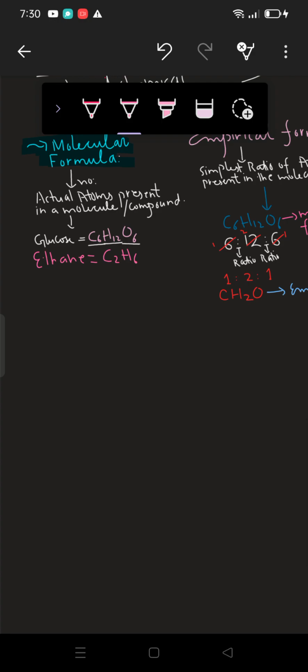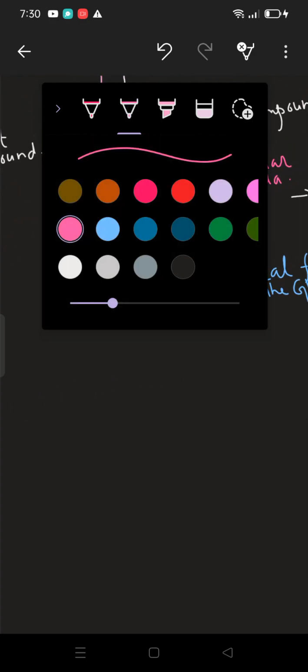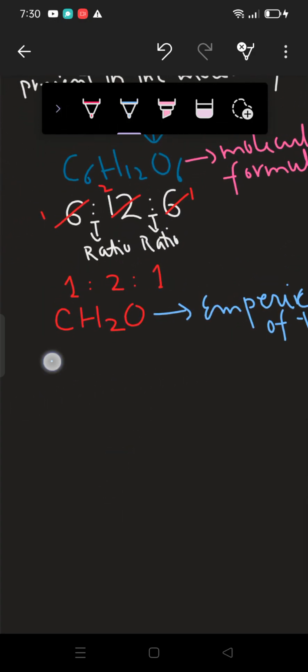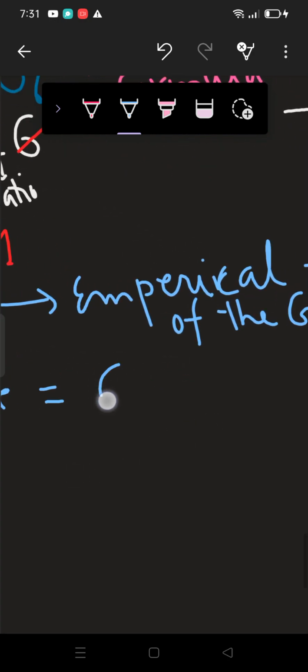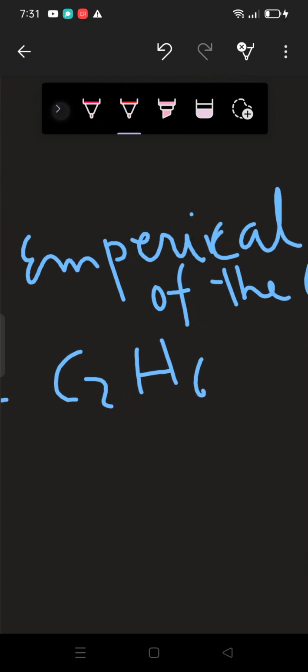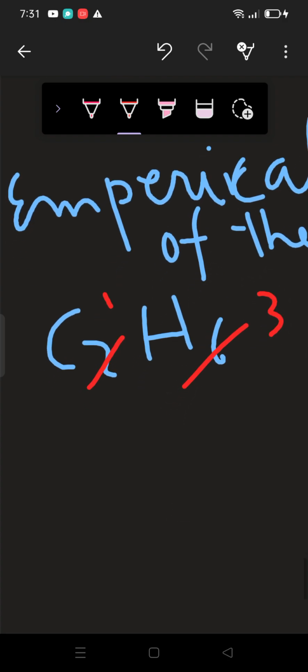However, if I am going to take the ratio of it, so let's take the ratio of ethane, which we know was C2H6. 2 ones are 2 and 2 threes are 6, right? So what we got here is C, there is only one atom of carbon, and H3.